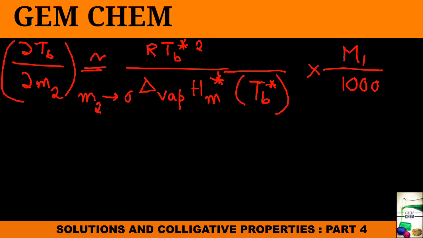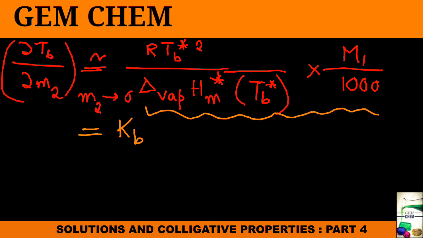So this one is totally a constant, and this constant, all are constants, so this is Kb. Properties of pure liquid solvent. You can write it down as all are constant and their properties of pure liquid solvent.